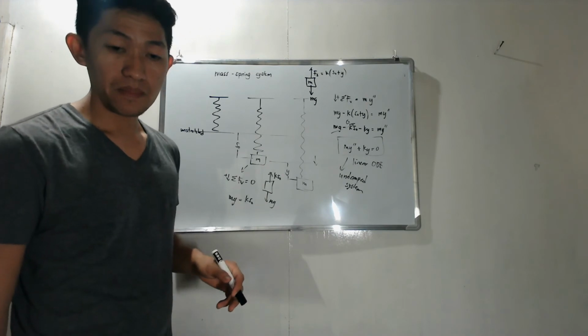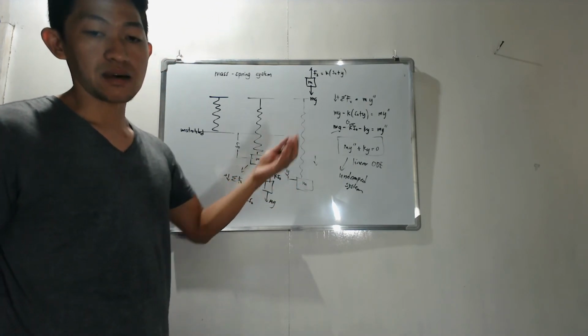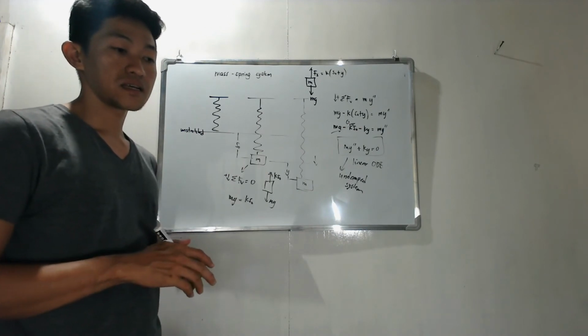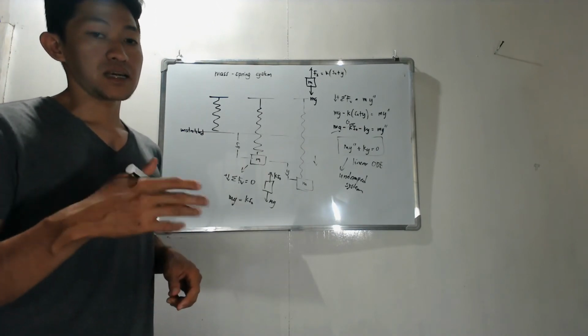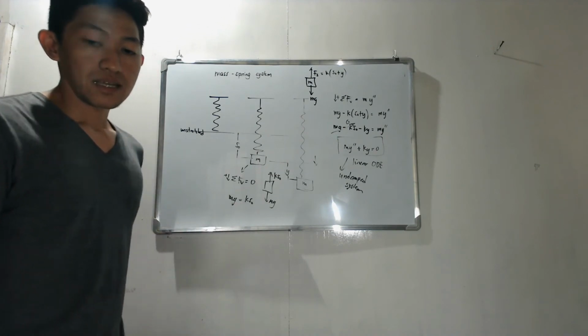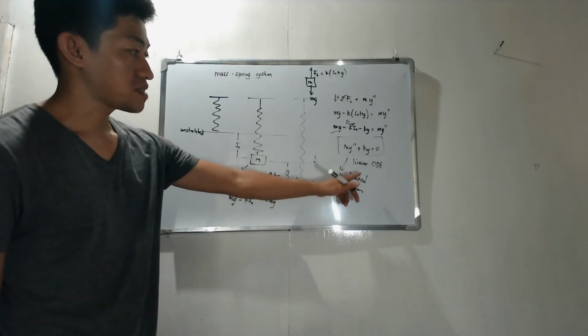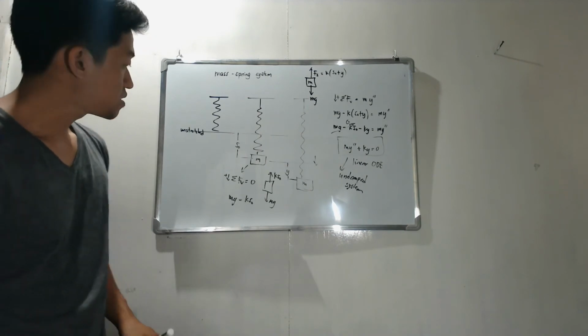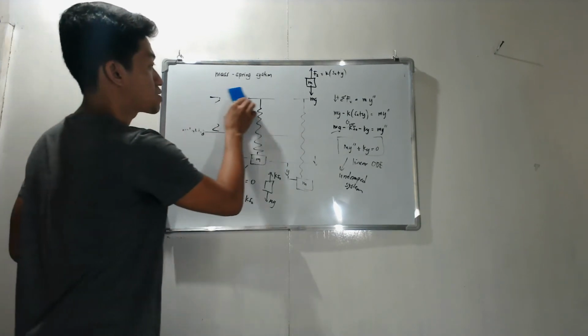So, meron talagang damping force. Although, there are times na pwede mo siya i-neglect dahil maliit yung contribution niya, like yung air. Okay, this is for an undamped system. I will now erase this one.